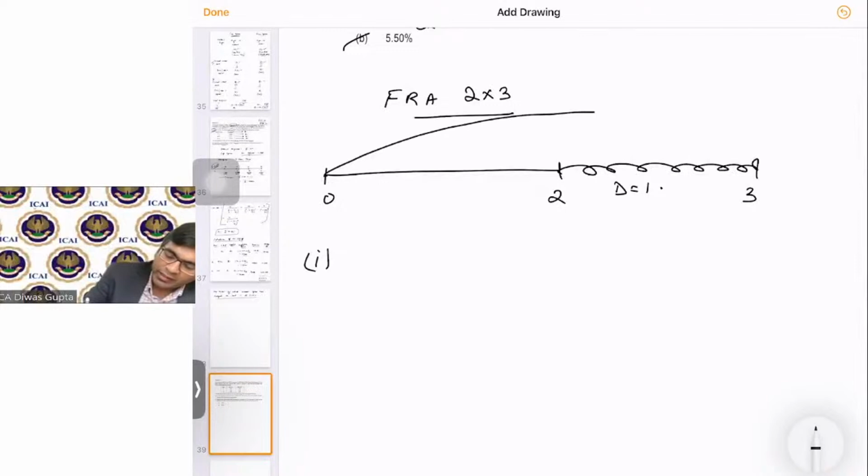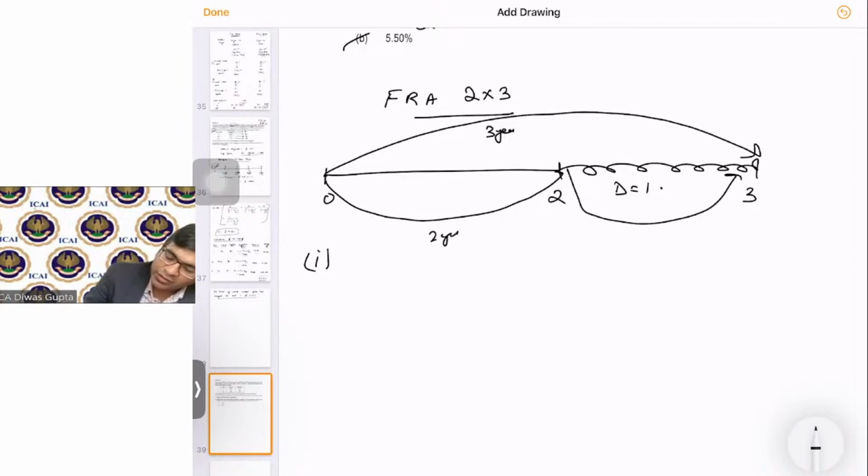We can actually take the 3 years interest rate and equate it with the 2 years interest rate, and this interest rate we can assume to be X, correct? To arrive at the FRA for both.